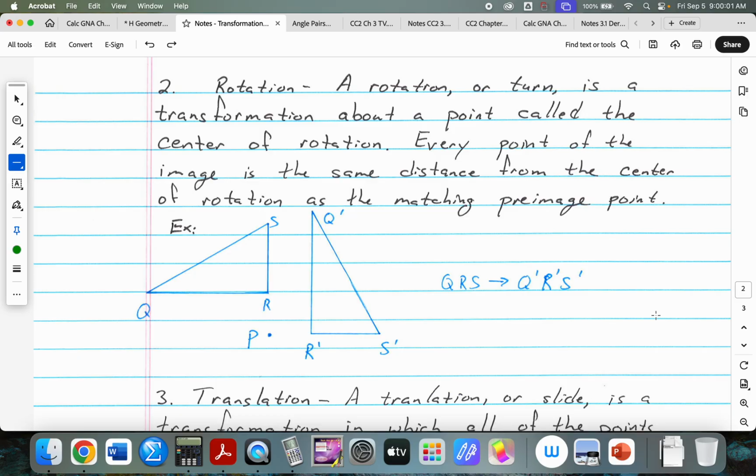So here, for example, the distance from R to P is the same as the distance from R prime to P. And it doesn't quite look like it in my diagram, but you'll forgive me, please. So this distance and this distance are the same.